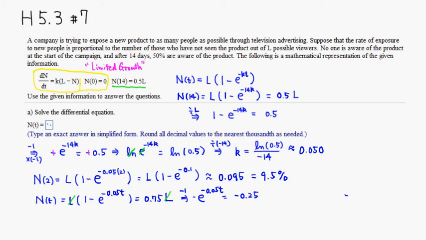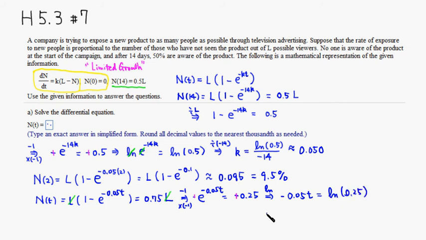Then multiply both sides by negative 1, turn it into positive. Then we can take the natural log of both sides. If you take natural log this side, I'm going to cancel, so you get negative 0.05t is equal to natural log of 0.25.